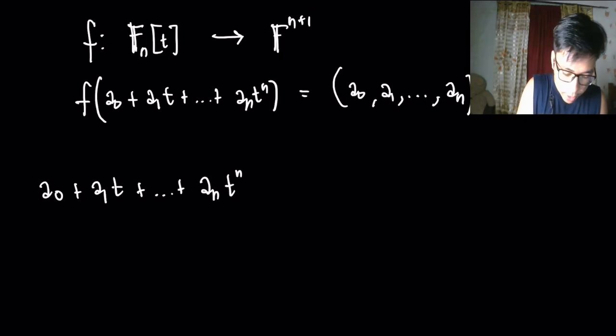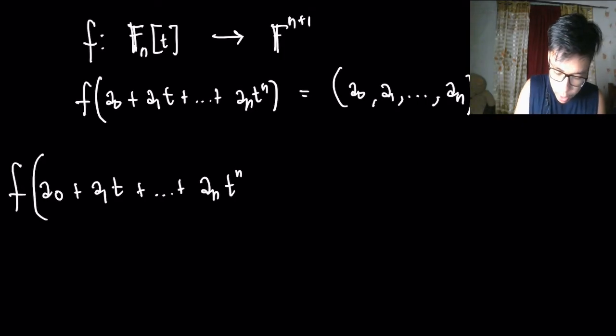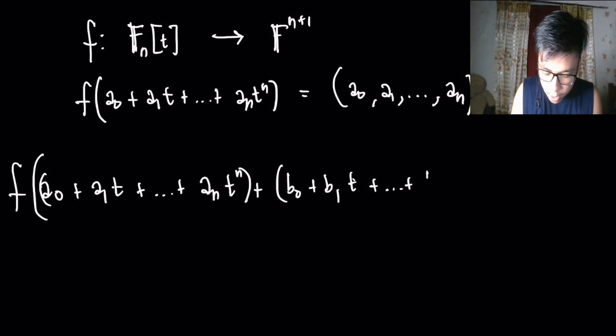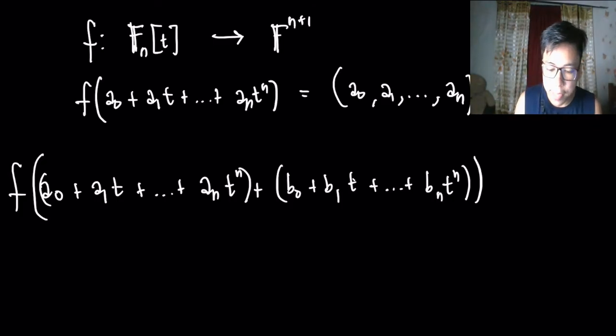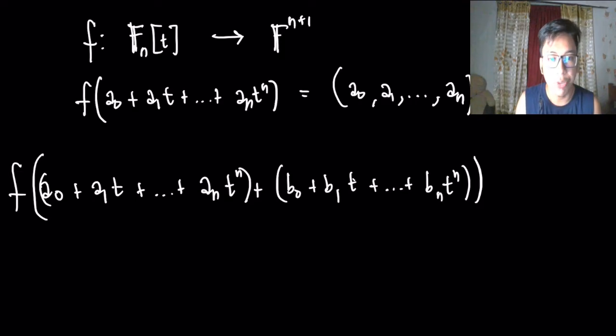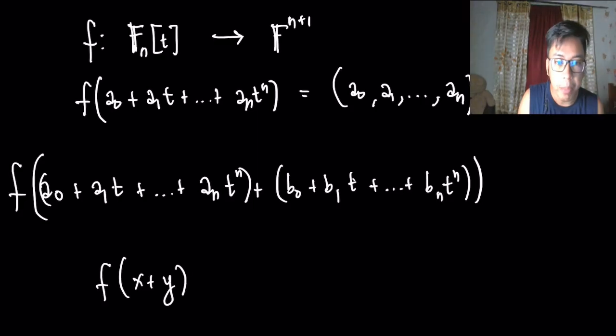That's the first element, so that's going to be f of this one, plus another element from F_n[t], which I'm going to assume is b_0 + b_1 t + up until b_n t^n. Now remember, the definition for showing that a mapping is a linear transformation is that if you are given two elements x and y coming from the domain, you can have the result like this.